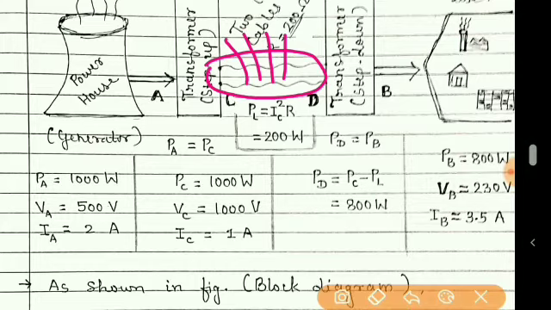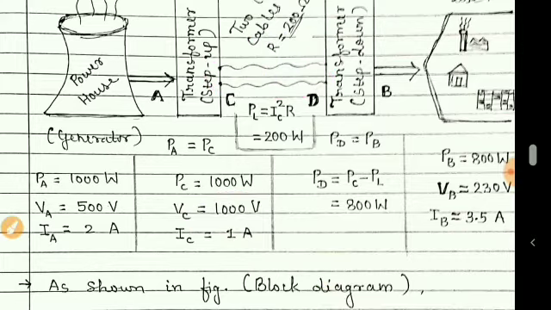And so it is advisable to send the power at high voltage and low current. The less the current, the less will be the loss of power. I hope you understood this.